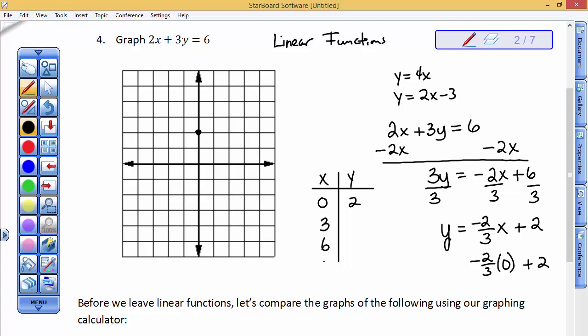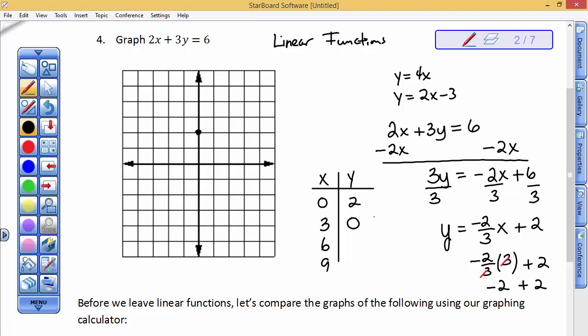So I'm going to go here now and put a 3 in for x. And when I do that, this 3 and this 3 cancel out. It would have been a negative 2/3 times 3, which would have been a negative 6/3. And a negative 6/3 is a negative 2. So what I have left there is a negative 2 plus 2, or 0.